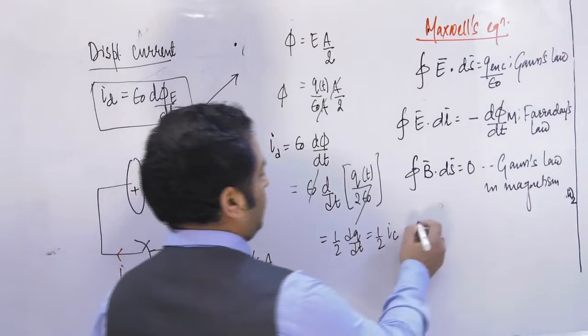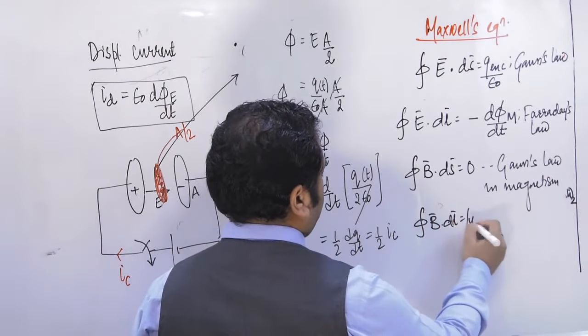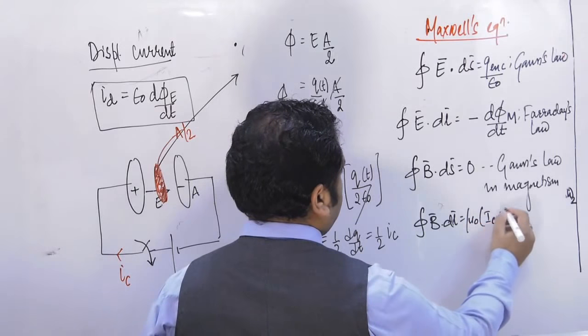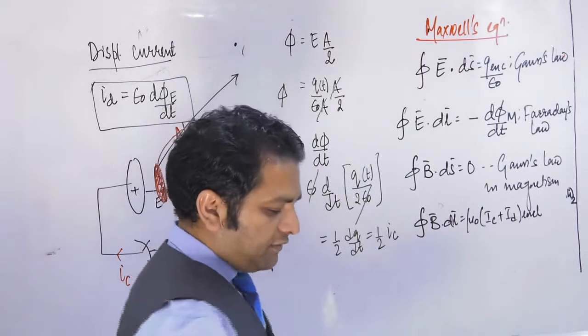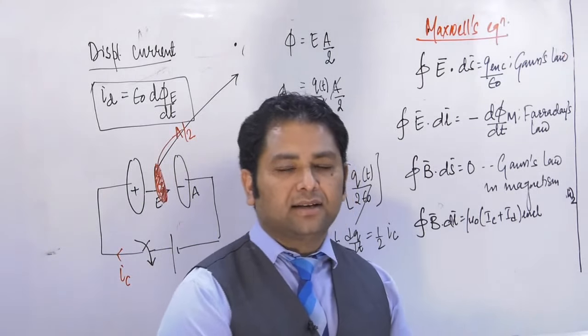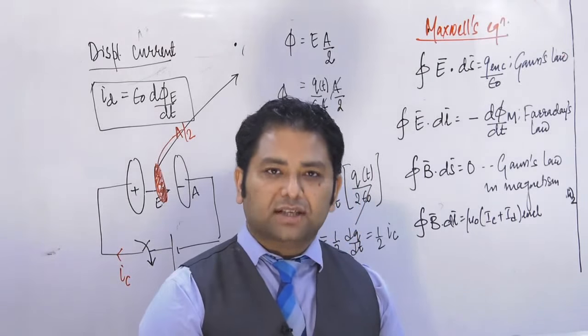And the final one is this, that's B dot dl is mu naught times (IC plus ID) enclosed. One fact, for those students who may be thinking, all the Ampere's law we talked about, was it wrong?